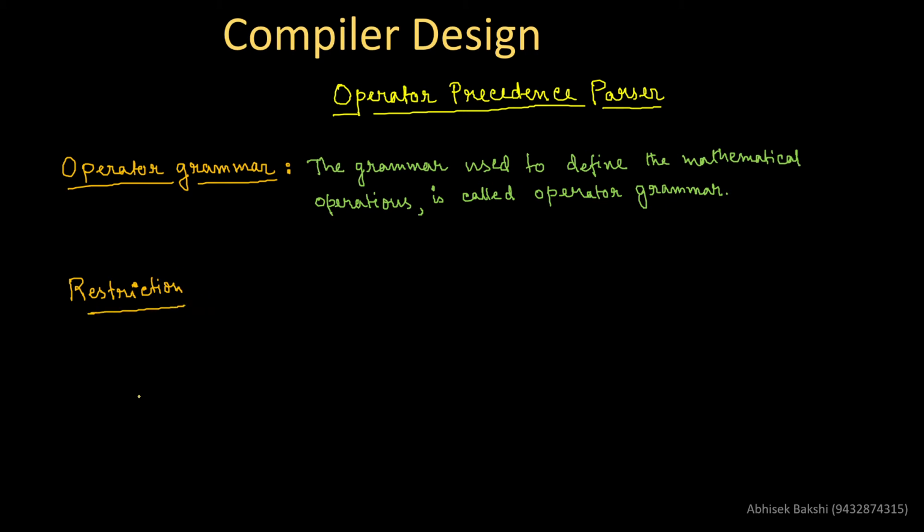Okay, so for example, let's take example number one. Suppose that I have written something like E to E plus E, or E star E, or I. So this is very natural, right?